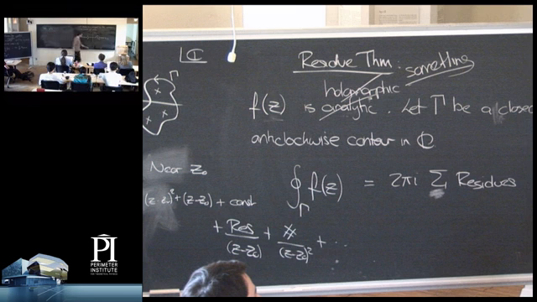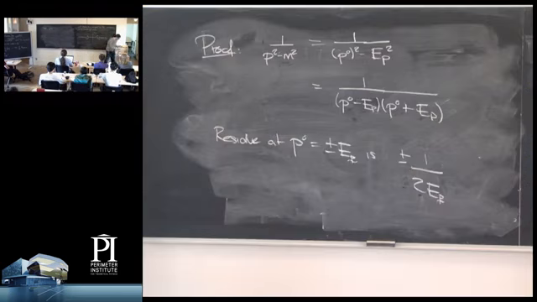So what I'm going to do is, where are my notes? Good. I want to evaluate this integral, and the first thing I'm going to do is write this as this.